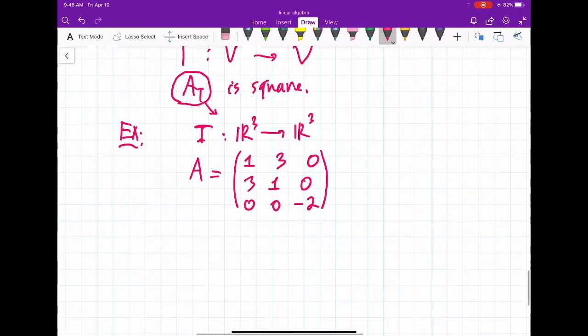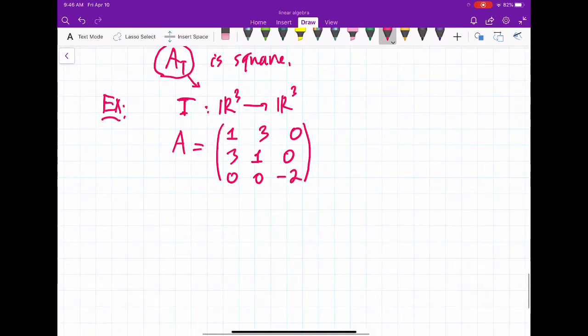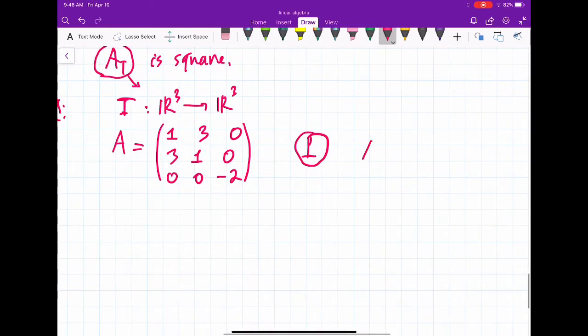Now we need to find all eigenvalues and eigenvectors of this matrix A. And then we need to find the matrix P such that A is similar to some diagonal matrix. Okay, we will talk about that.